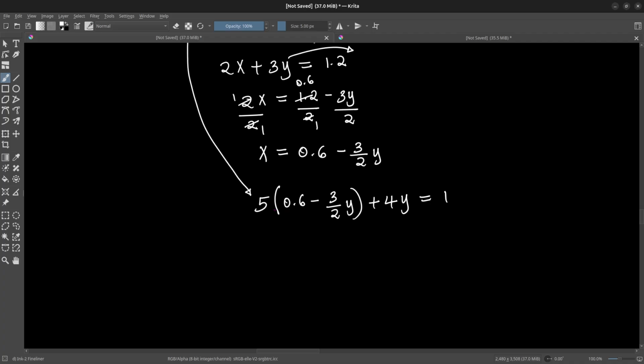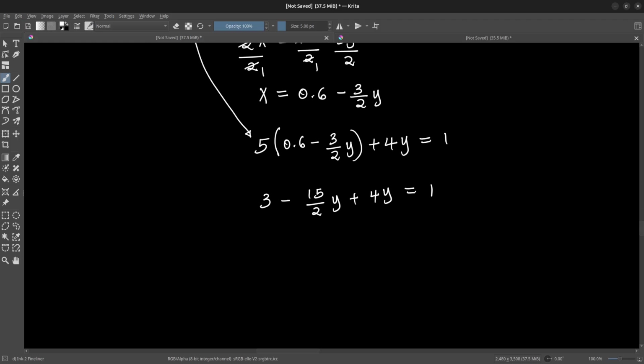So expanding this, we have 5 times 0.6. That's going to be 3, because 5 times 6 is 30, then divide by 10. So minus, then 5 times 3, that's going to be 15, and then over 2 y. Then we have plus 4y. This is equal to 1.